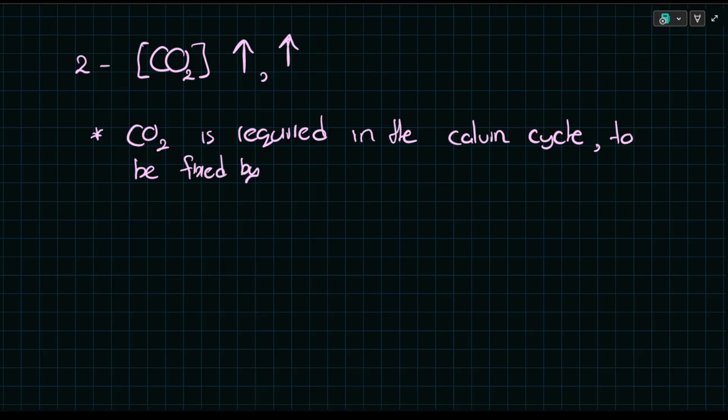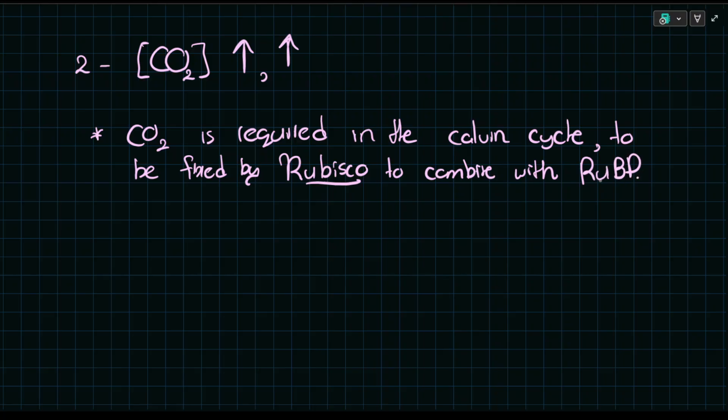Fixed by, you should be able to answer this right now. This would be Rubisco, the enzyme Rubisco. What does CO2 combine with? It combines with RuBP.